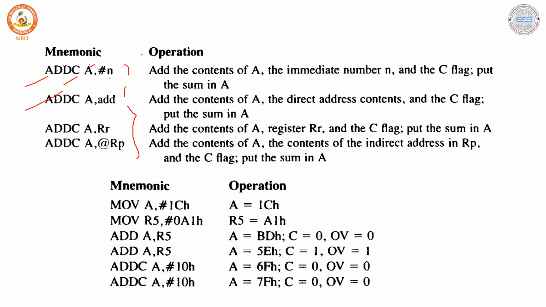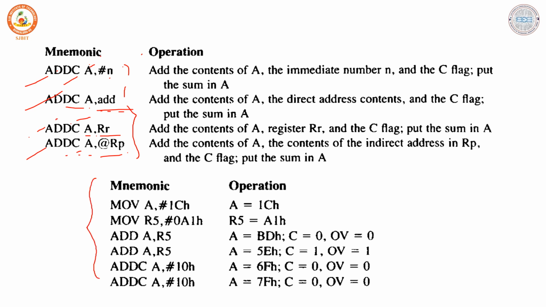In case of ADDC A, address, the content of the accumulator is added with the value in the address location along with the carry. In the third instruction, the content of the accumulator is added with the register content along with the carry bit. Finally, the result is stored in the accumulator. And the last is the indirect addressing mode, where the accumulator content is added with the content of the indirect address in the RP and along with the carry bit. Finally, the result is stored in the accumulator.